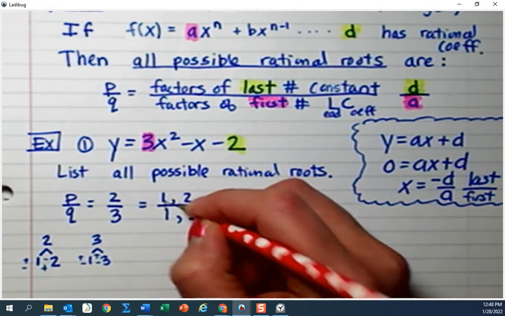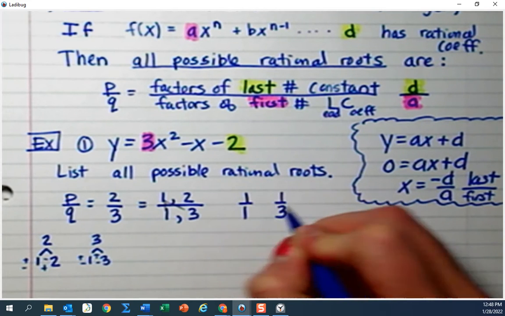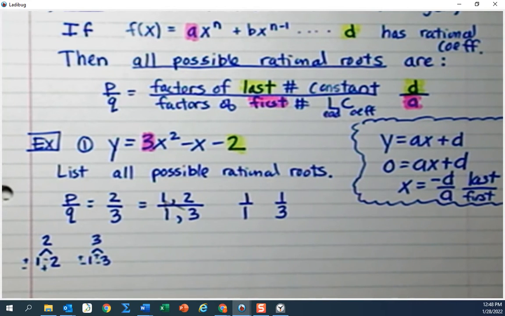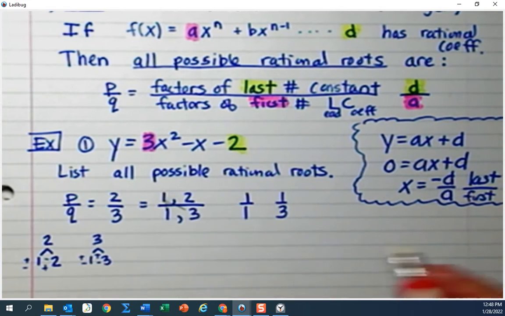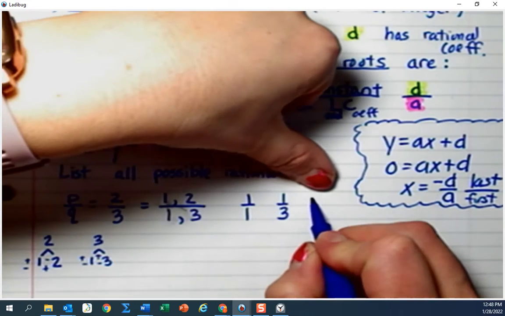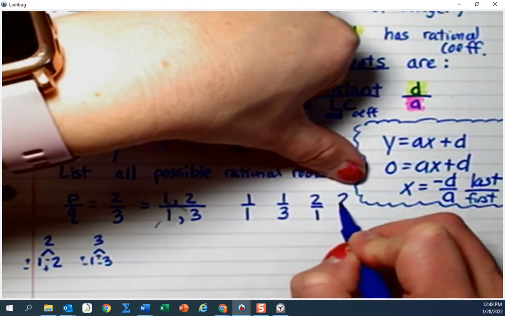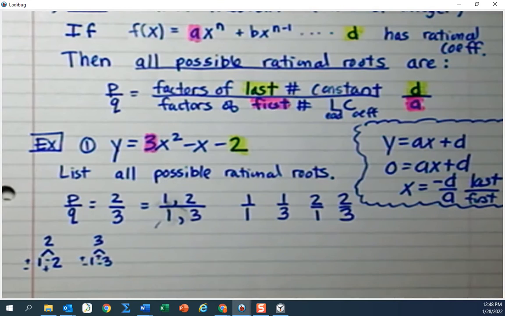And then I'm going to move to the next number on the top, and I'm going to pair up everything that way. I'm going to start with 2. 2 over 1, 2 over 3. That is all the possibilities, because you have to do all the combinations.